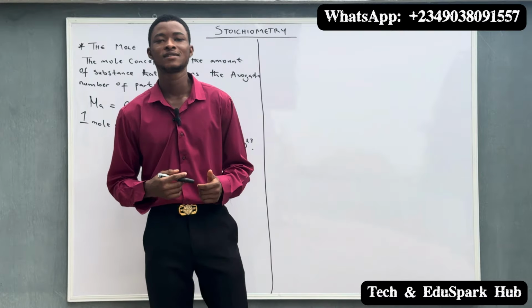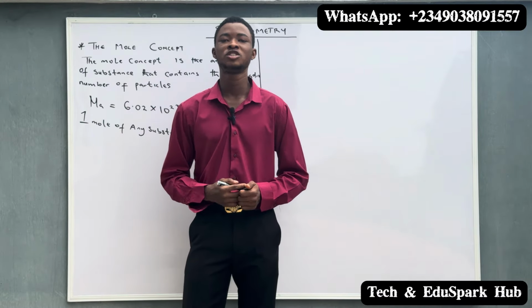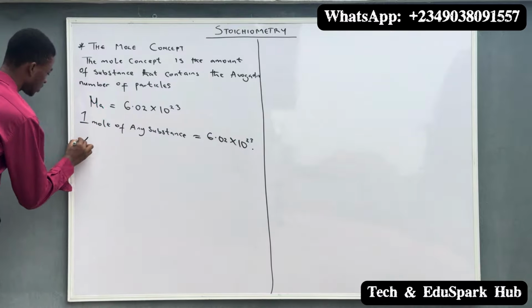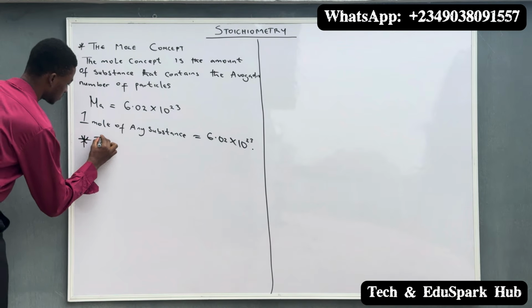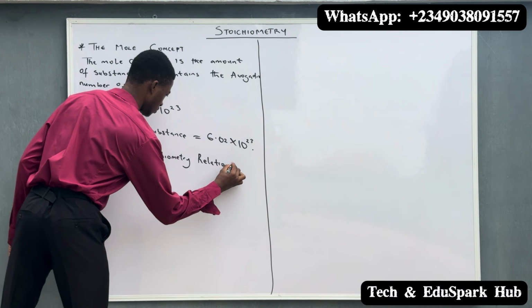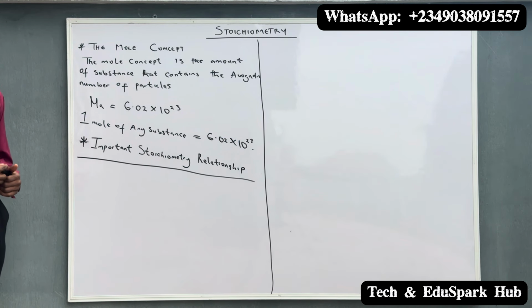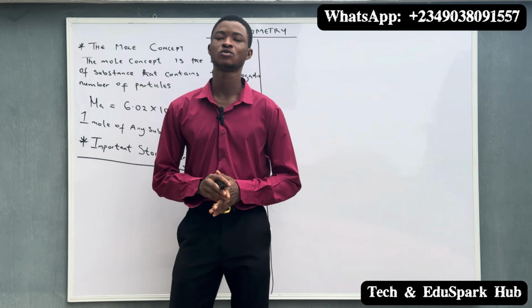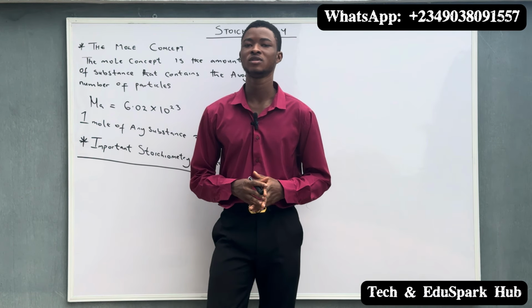So let's look at the important stoichiometry relationships. So let me write that down. We have the important stoichiometry relationships. So the important stoichiometry relationships are important whenever you want to solve any questions under stoichiometry.